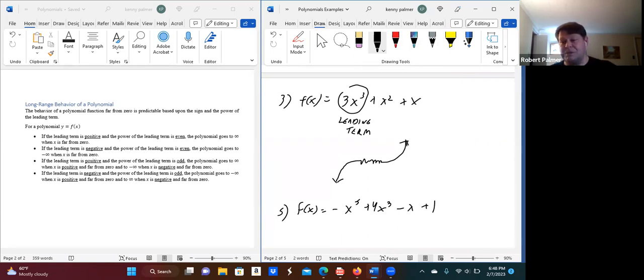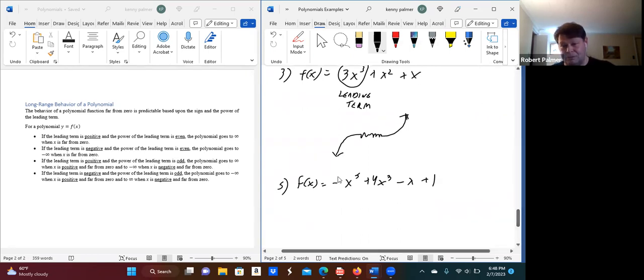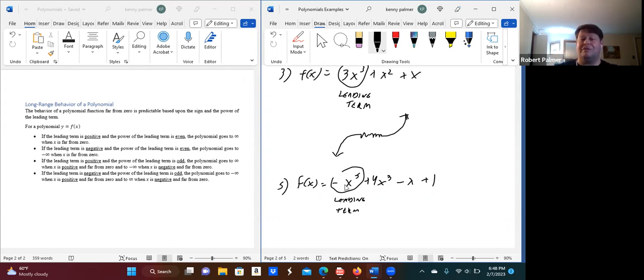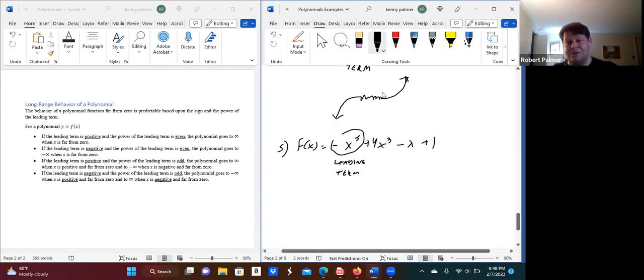This time, if we look at our leading term, clearly it's negative. All right, so this is our last case. The leading term is negative, which it is, and the power of the leading term is odd, the exponent is 5, which it is, and basically this is going to be like this flipped.